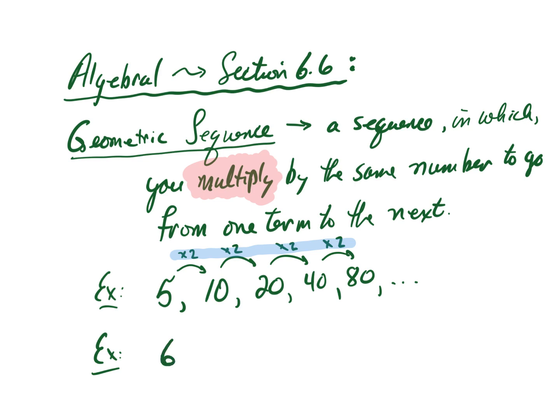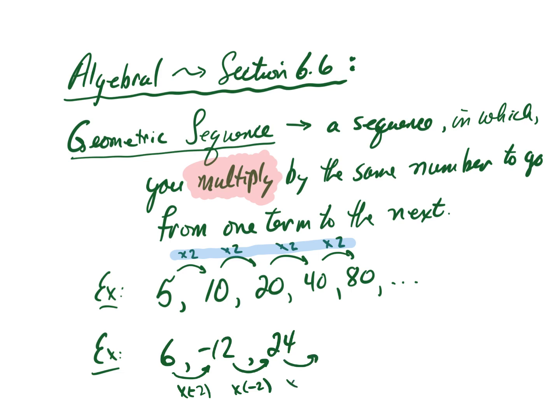If we were to start with a 6 and ask you to go from one term to the next by multiplying by, let's say, -2, 6 times -2 would be -12. But now because it's geometric, we have to multiply by the same number. So -12 times -2 is positive 24.